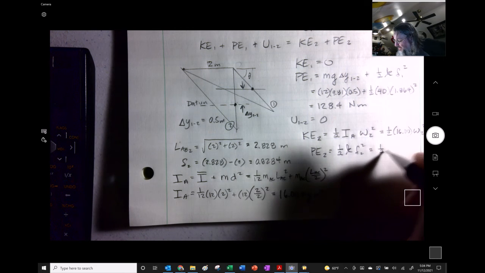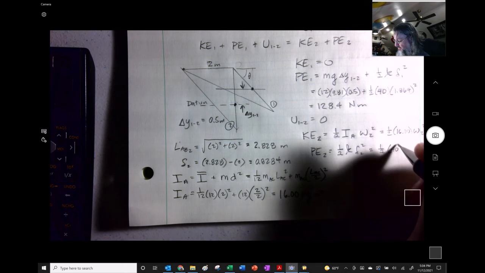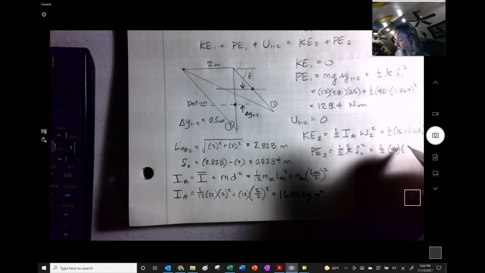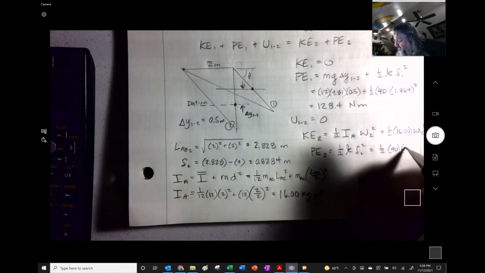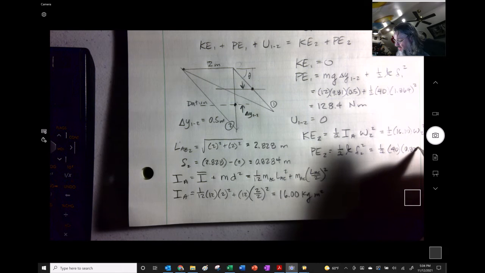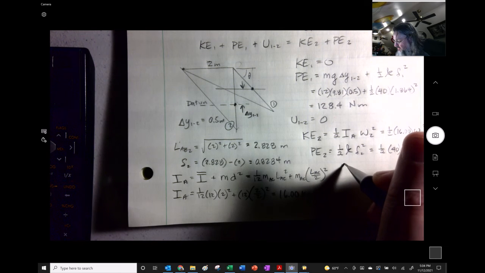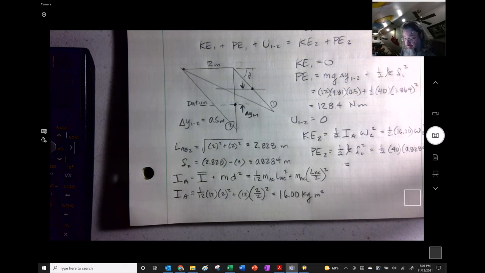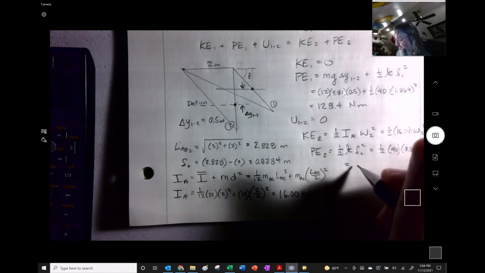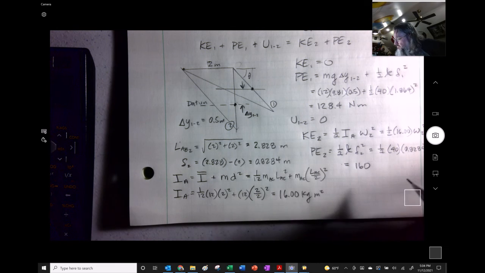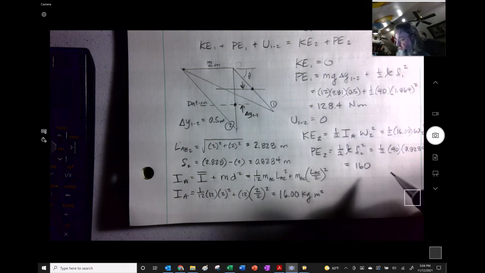So we get 1/2 40, and we just wrote out the deformation over here of 0.8284 squared. So that ends up equaling 160. That doesn't make sense.